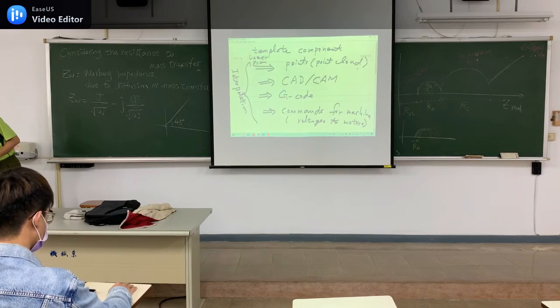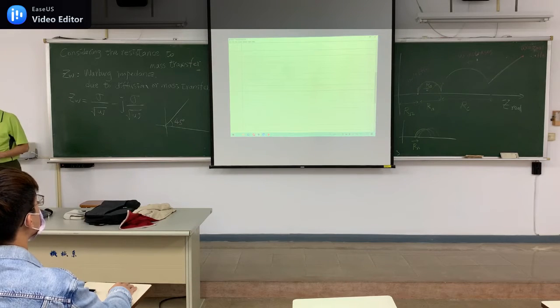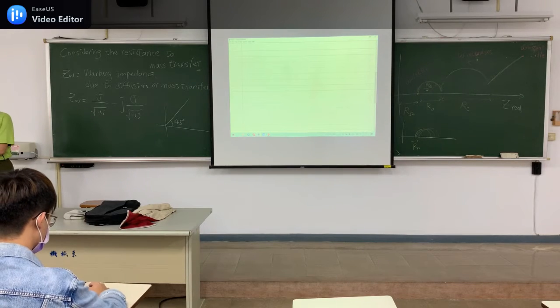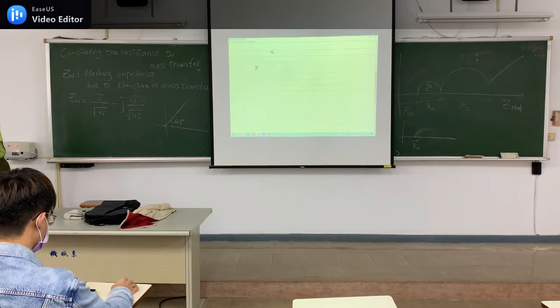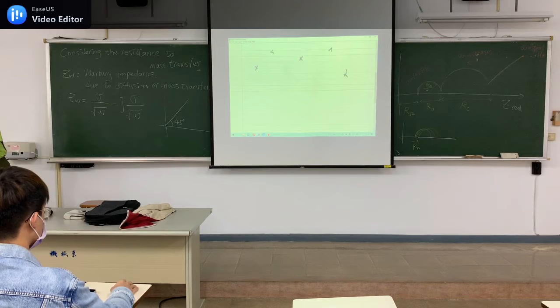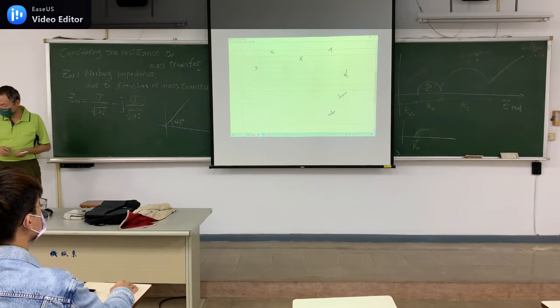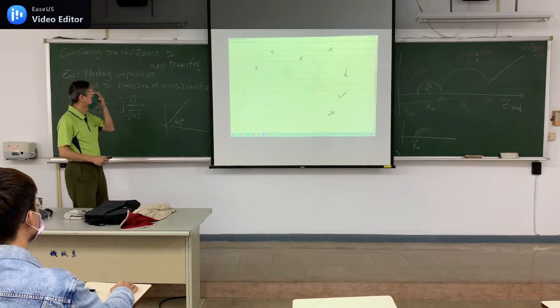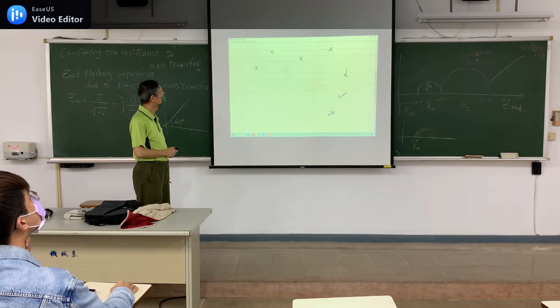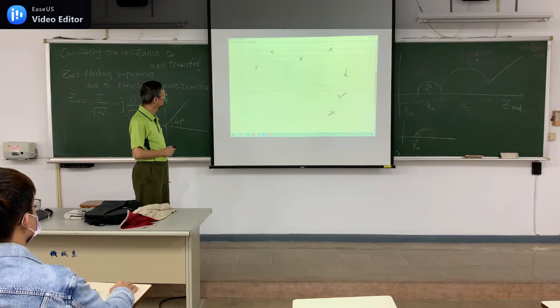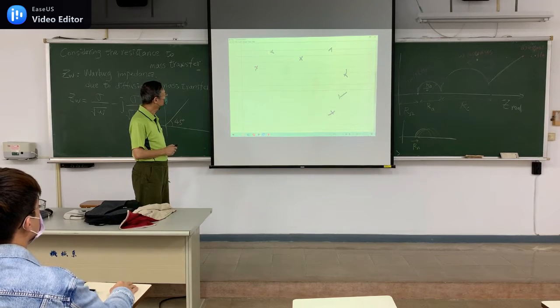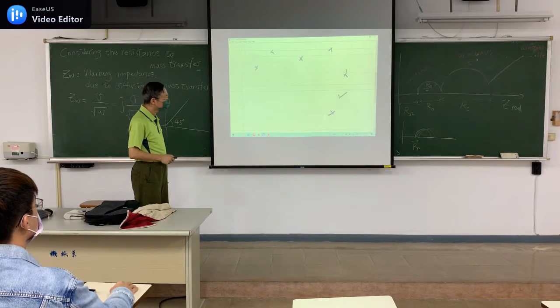Okay, let me say something more. Usually you are given a set of points, and you need to follow the sequence like this. This is the first point, second point, third point, and so on.